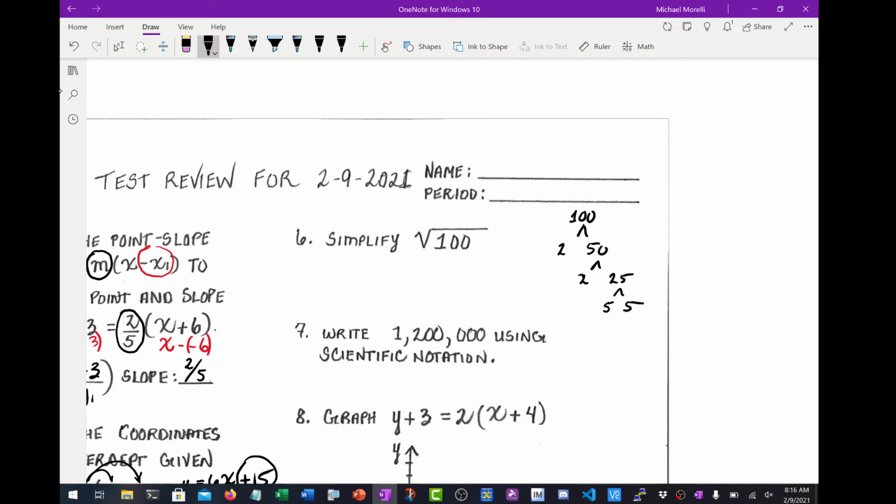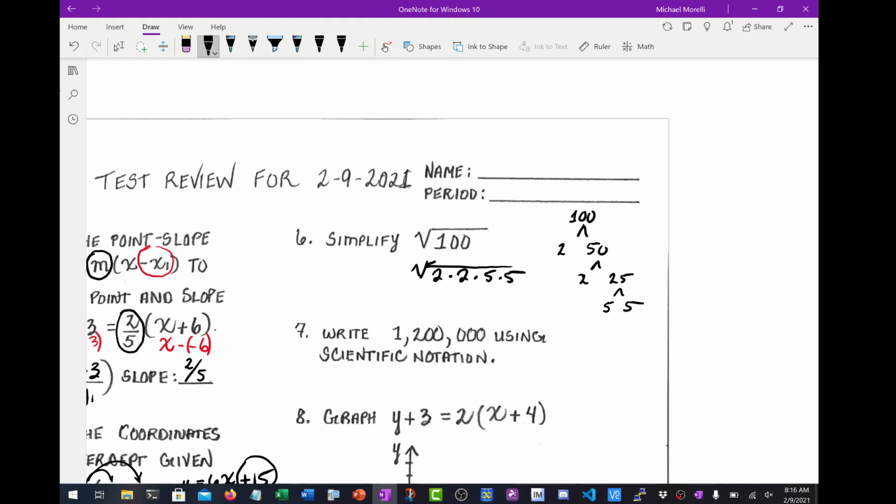Now we're going to rewrite the square root as the square root of 2 times 2 times 5 times 5.